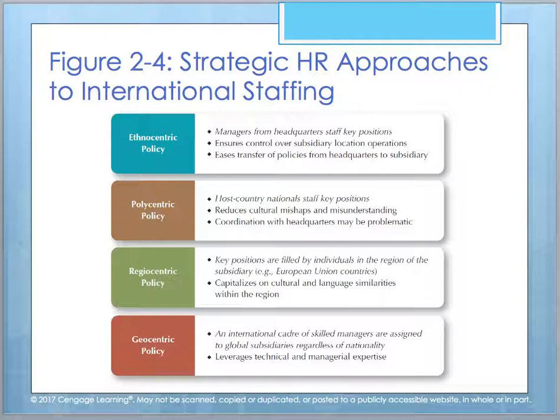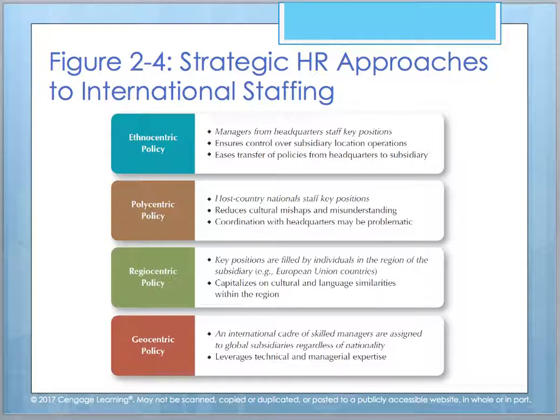You're maintaining control over the locations elsewhere, both domestically and internationally, and making sure that the policies you have in place in your home country are translated and transferred properly to any subsidiary locations.